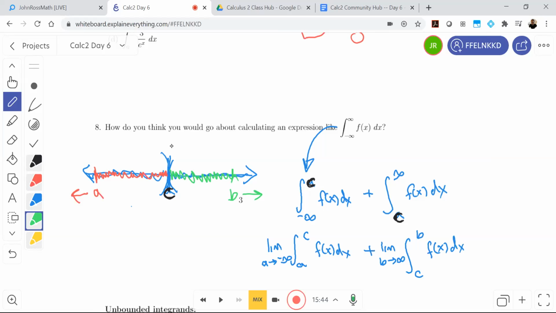And that's how we can make meaning out of this doubly infinite integral.